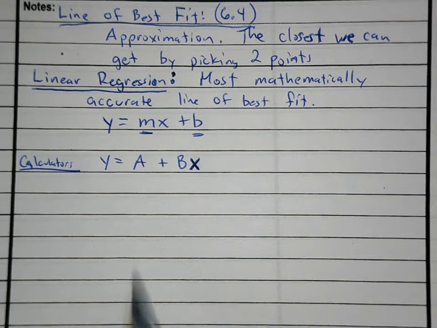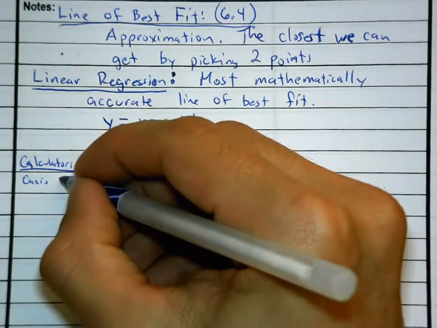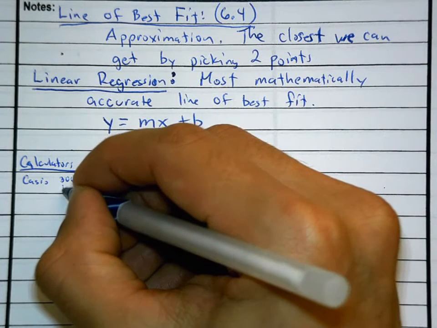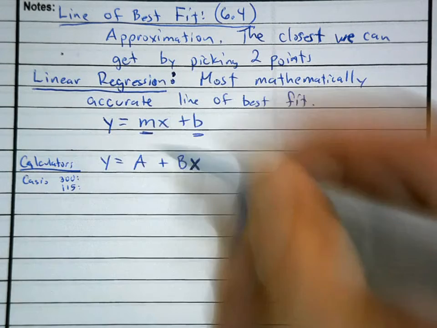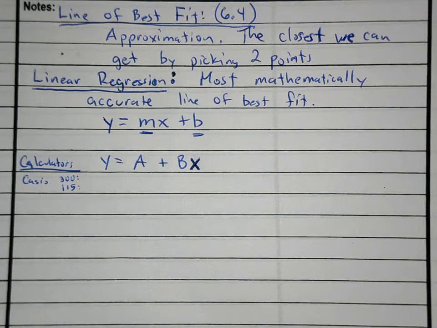Okay? So, the calculators that I have are the Casios. This works for the 300 or the 115 ES and so on. Okay? So, this is what it's going to work for.